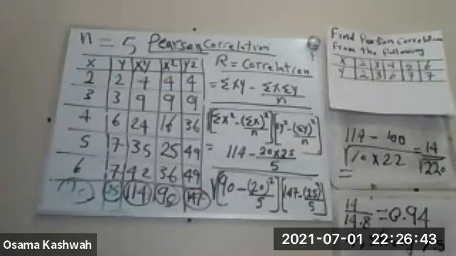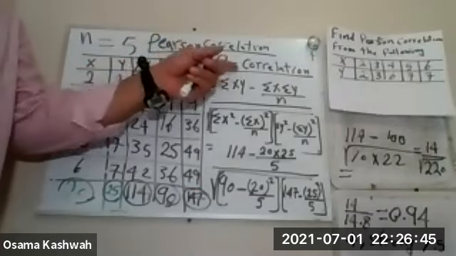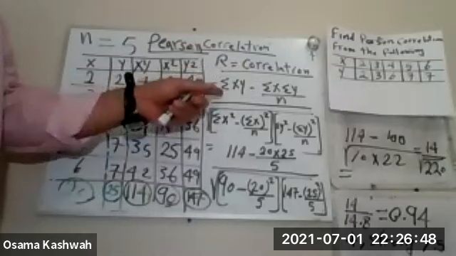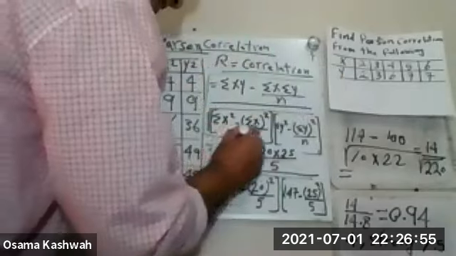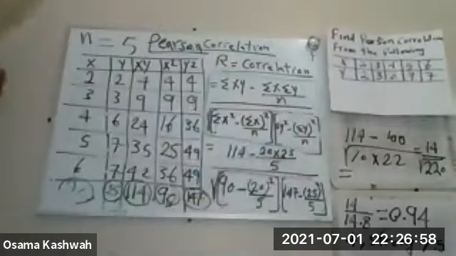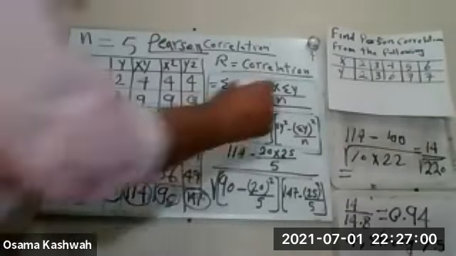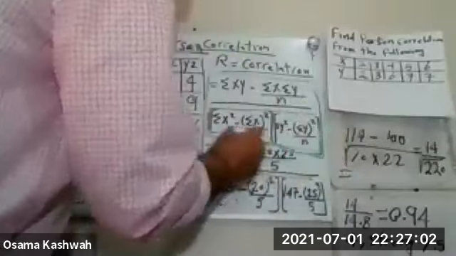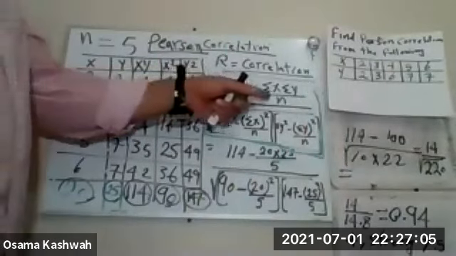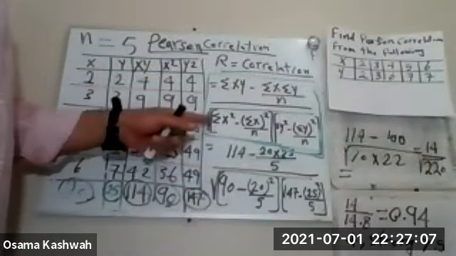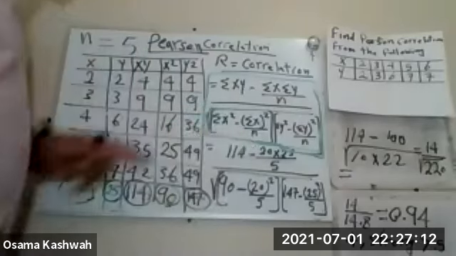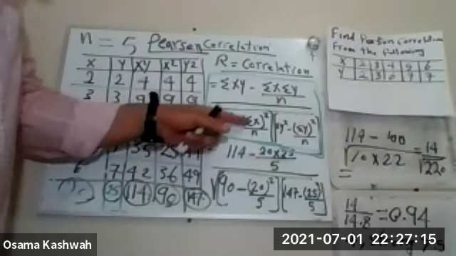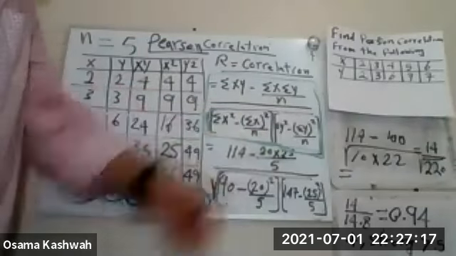Then we apply the Karl Pearson correlation. This is the whole formula, in green here. It consists of summation xy minus summation x summation y divided by n, divided, down under the square root, by summation x squared minus summation x all squared divided by n, and the same for y.